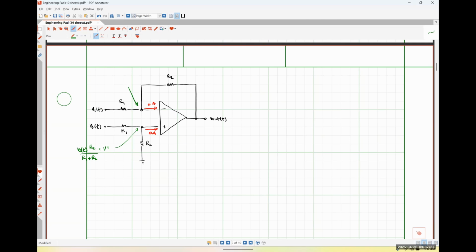That same voltage must show up at our inverting input node. So I can say that V minus is going to be equal to V2 times R2 over R1 plus R2. And now I would simply apply Kirchhoff's current law.